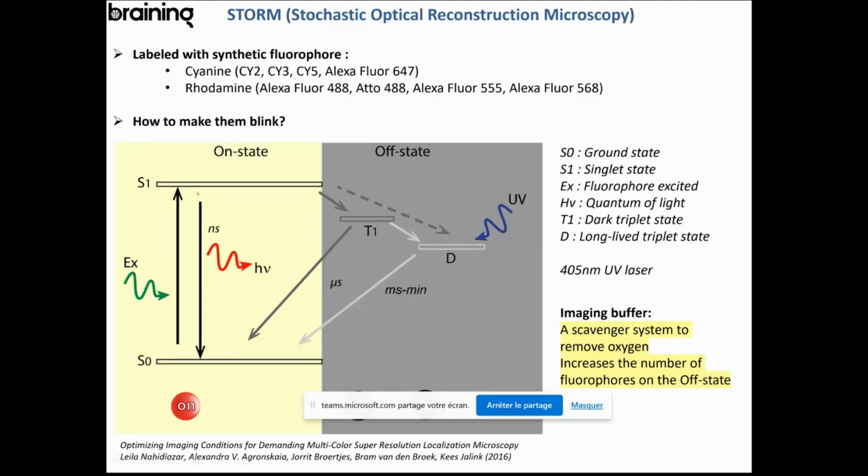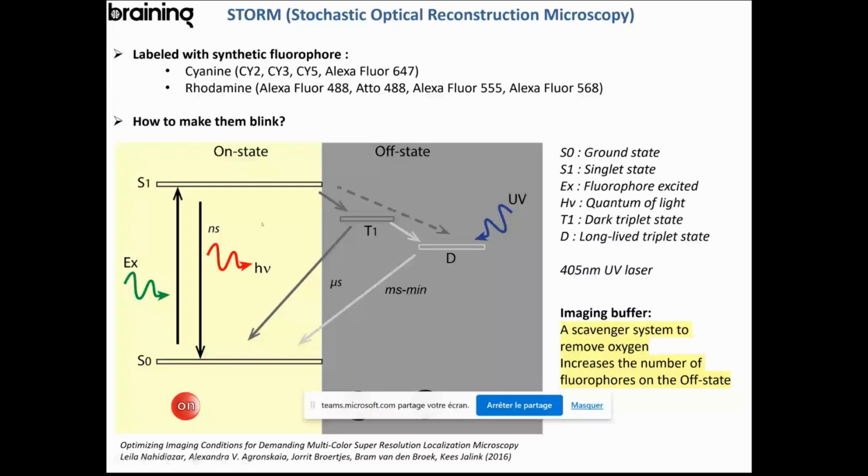Before going back to this ground state, it goes into what we call a triplet or dark state, which is an off state. So the molecule is not fluorescent anymore, but it can go back to the fluorescent mode if you shine UV light and help it go back to the excitation.